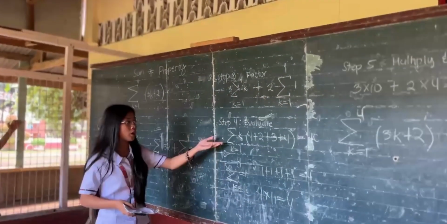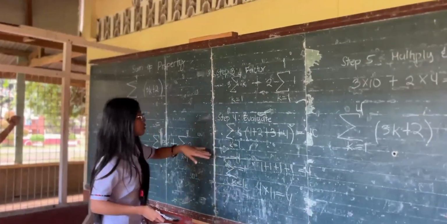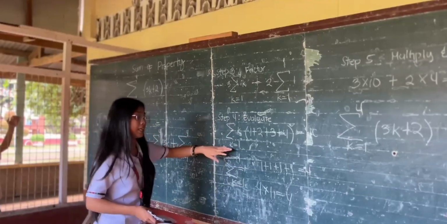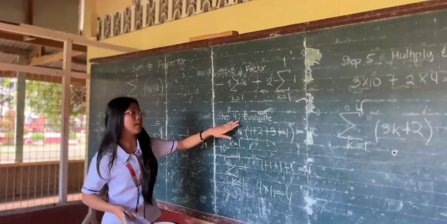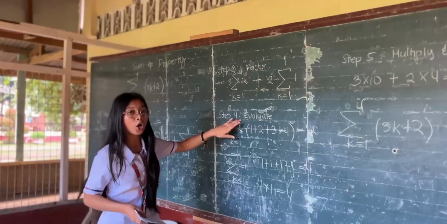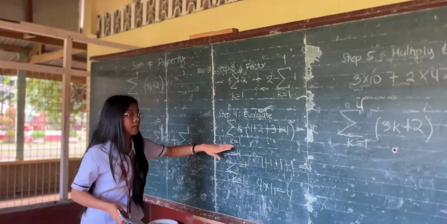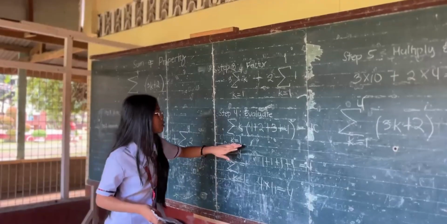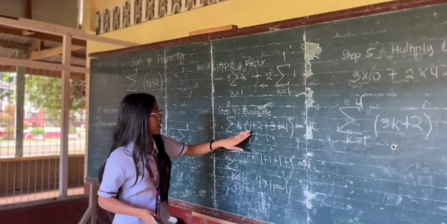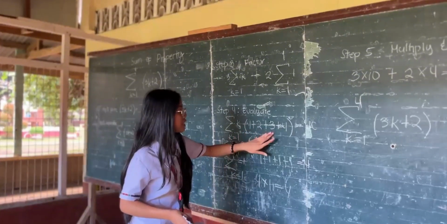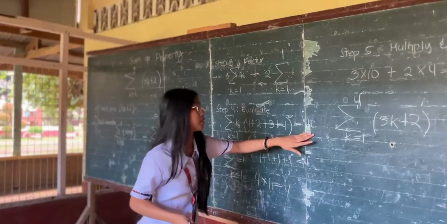So, step 4, we evaluate the summation of k where k equals 1 to 4. As you can see, our pattern here goes from k equals 1 until 4. So we have 1 plus 2 plus 3 plus 4, which equals 10.